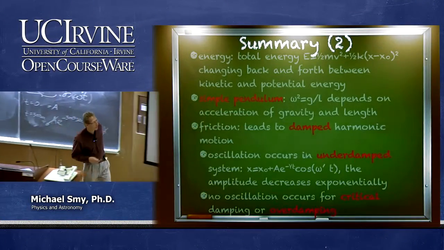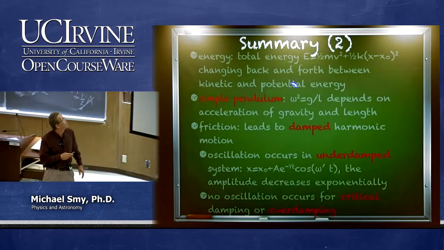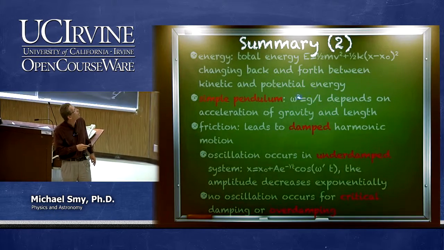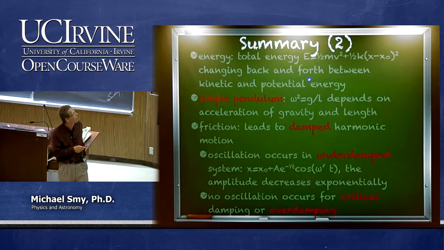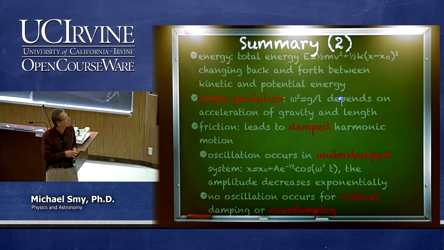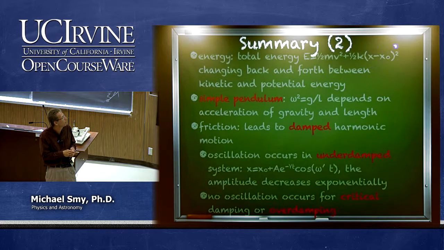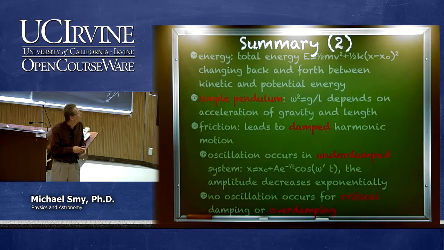So second part, the total energy of the simple harmonic motion is a constant, and it is comprised of the kinetic term and the potential energy term. The total energy is constant, but it changes back and forth between the kinetic and potential energy.